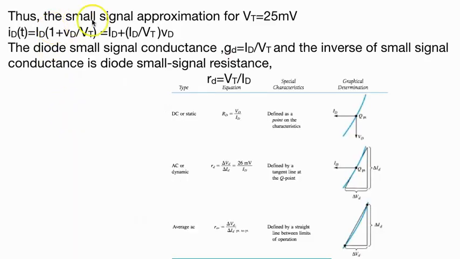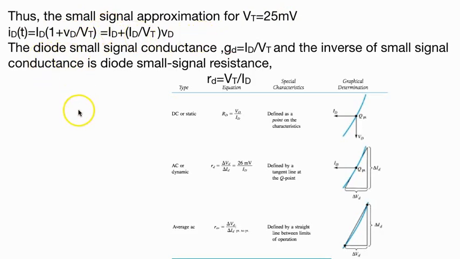Moving on with the small signal approximation, we can find that VT is equal to 25 millivolts. If you compare it with the last equation, ID is equal to 1 plus VD over VT, and then substitute, it's just the same.